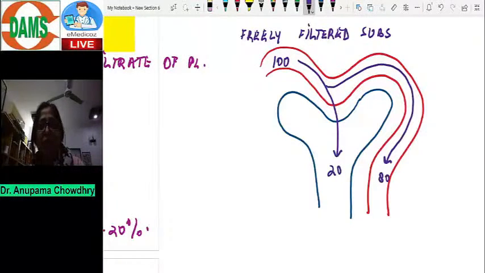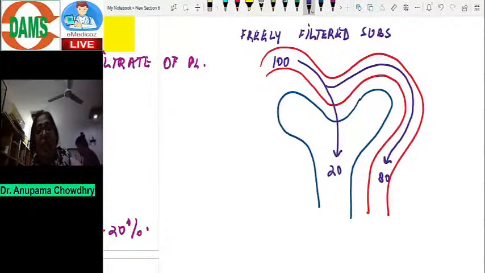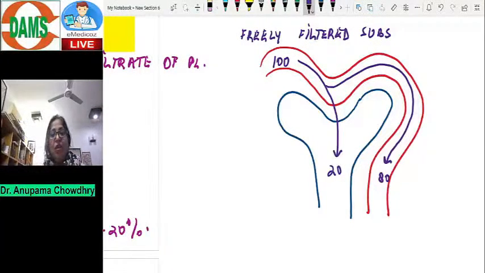That is what is meant by a filtration fraction of 20%. You cannot have 100% of the substance filtered in one circulation. A maximum of 20 will be filtered in one circulation. 80% is left behind. That 80% will come back again into the kidney in the next circulation, and another 20% will be filtered. Then in the third circulation, another 20%, and so on. By repeated circulations, you will be able to eliminate this substance from the blood. So this is what is meant by a filtration fraction of 20%.